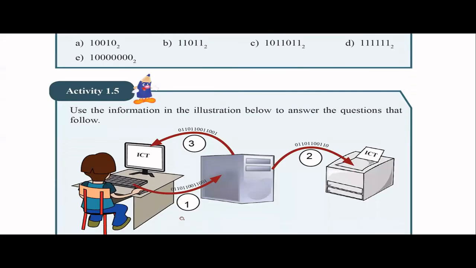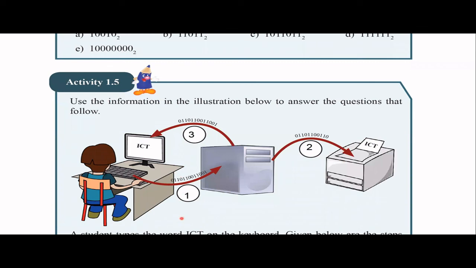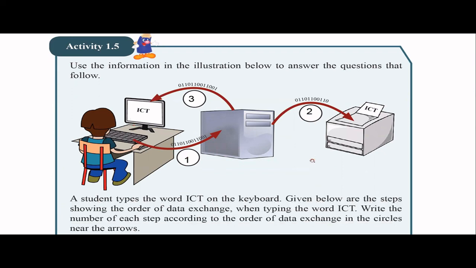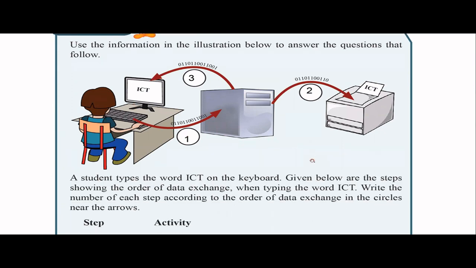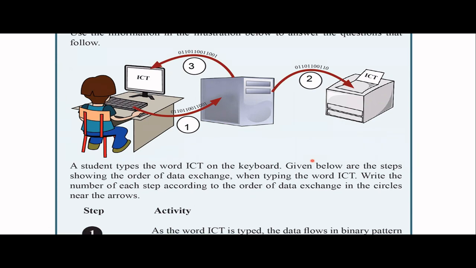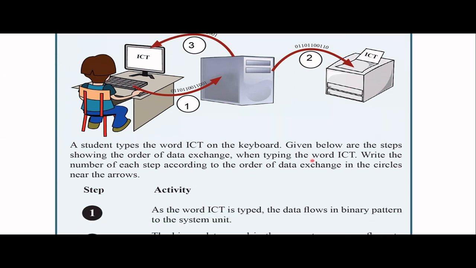Okay, last activity here. Activity 1.5: use the information in the illustration below to answer the questions that follow, right? I have already put the answers, but we'll read and see. A student is typing the word ICT on the keyboard. Given below are the steps, and you have to find out the correct order. First, what actually happened?